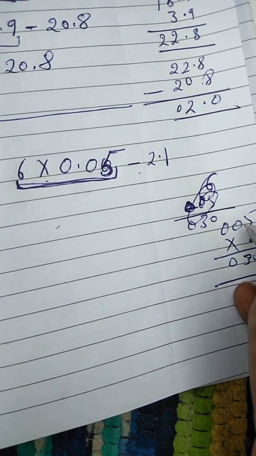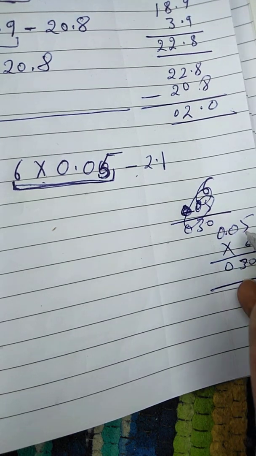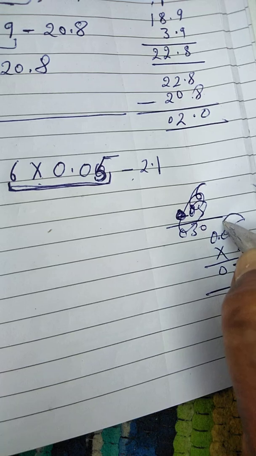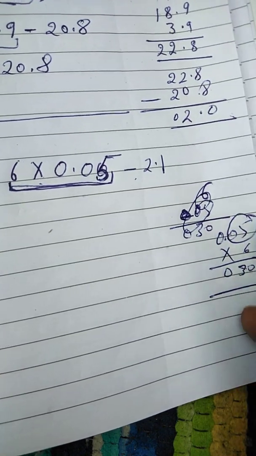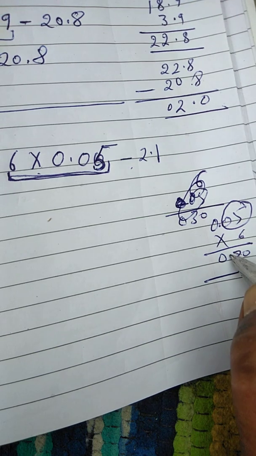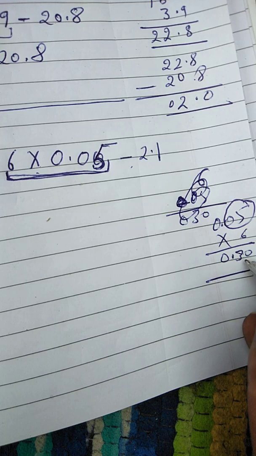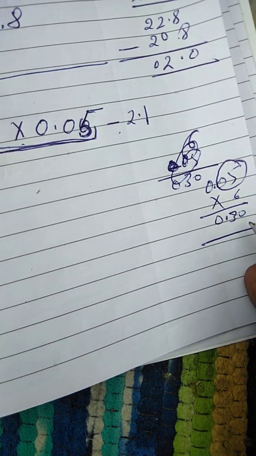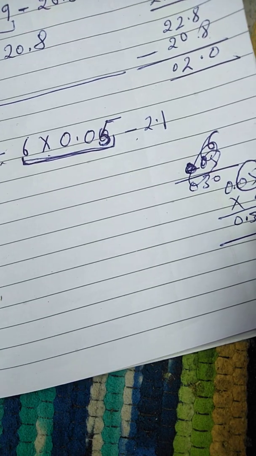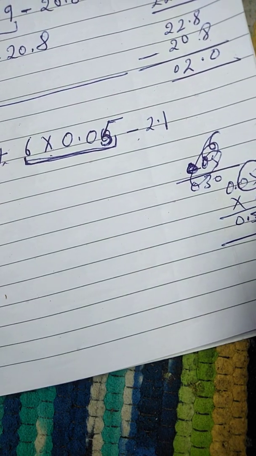Now with the decimal, after the decimal how many digits are there? 0.05 has two digits after the decimal. So in the product you will adjust the decimal, so your answer will be 0.30. This concept we have already done in the chapter of multiplication of the decimal number.